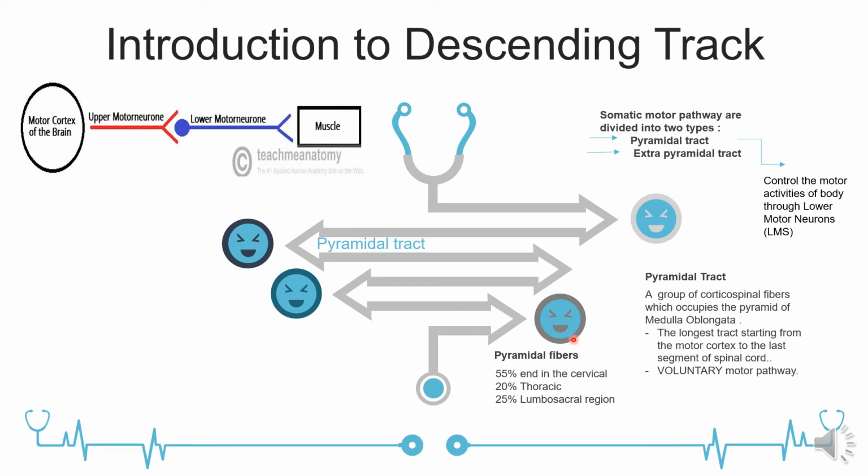Next, we have the pyramidal fibers. 55% of the pyramidal fibers end in the cervical, 20% in the thoracic, while 25% in the lumbosacral region. The pyramidal tract is divided into two. We have the corticospinal tract and the corticobulbar tract.